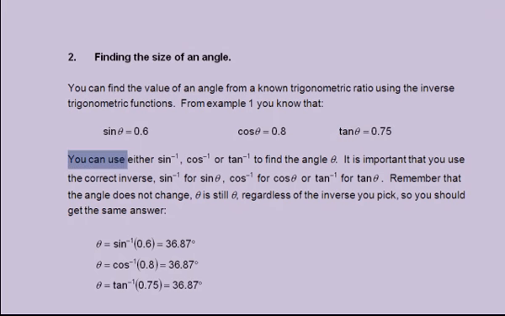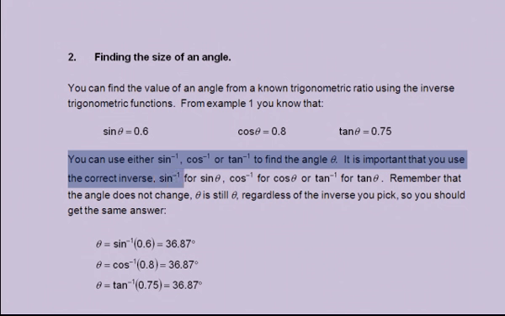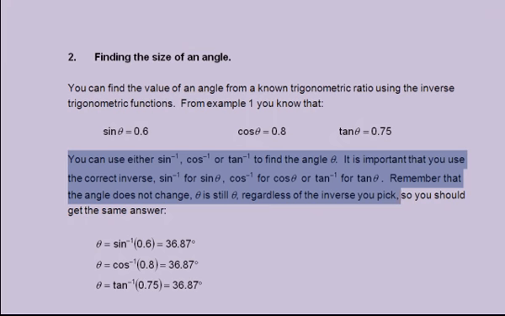You can use either inverse sine, inverse cos or inverse tan to find the angle theta. It is important that you use the correct inverse. Inverse sine for sine theta, inverse cos for cos theta, or inverse tan for tan theta. Remember that the angle does not change. Theta is still theta, regardless of the inverse you pick, so you should get the same answer.